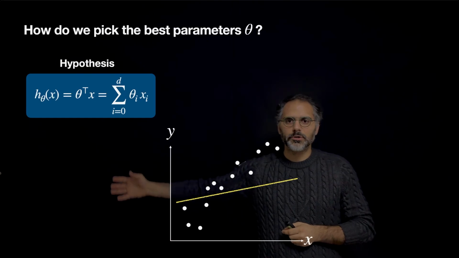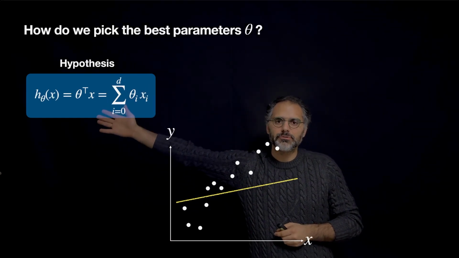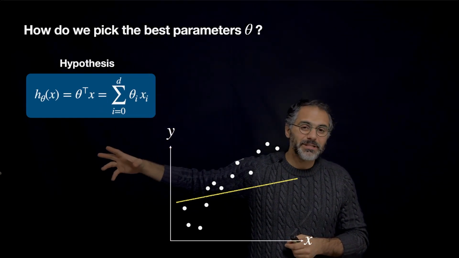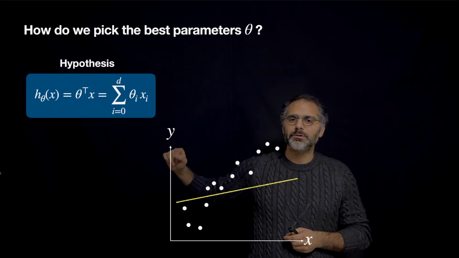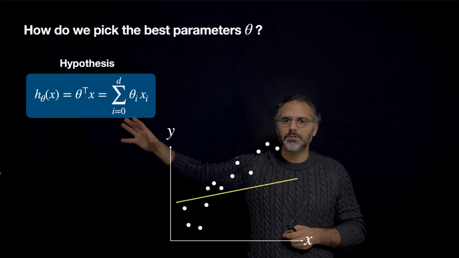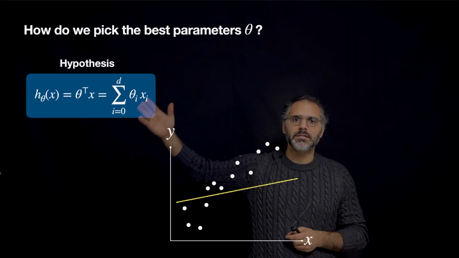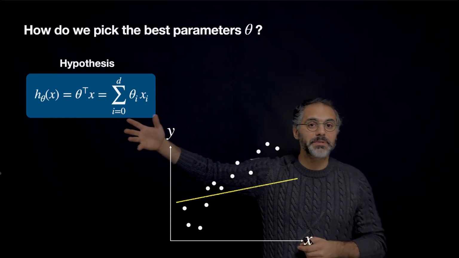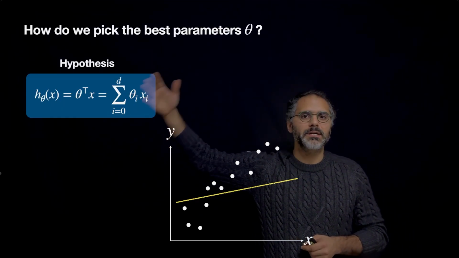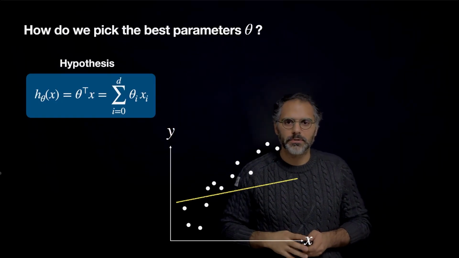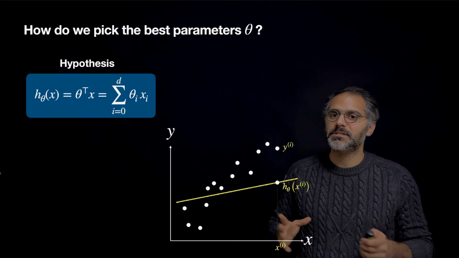All right, so let's look back at the hypothesis. So theta transpose x. I'm going to write another notation, which is the definition of a dot product, which is just the sum of theta i xi, where you go theta 0 x0, here I'm assuming x0 to be actually 1, plus theta 1 x1, plus theta 2 x2, etc. Right, so that's my hypothesis.